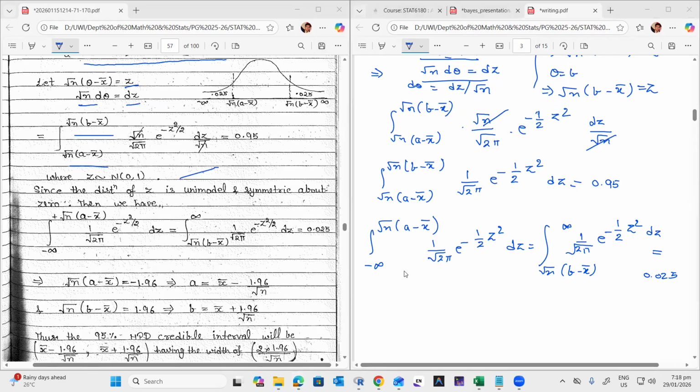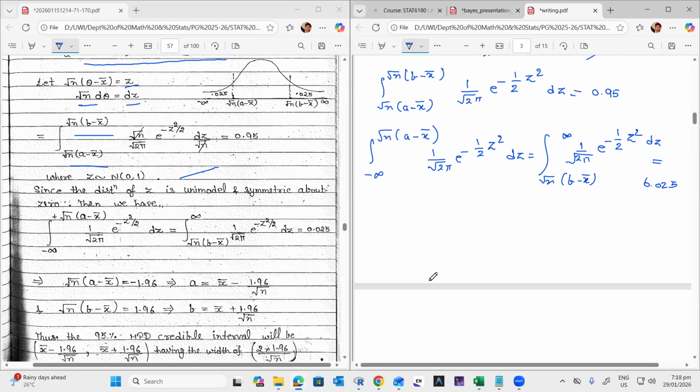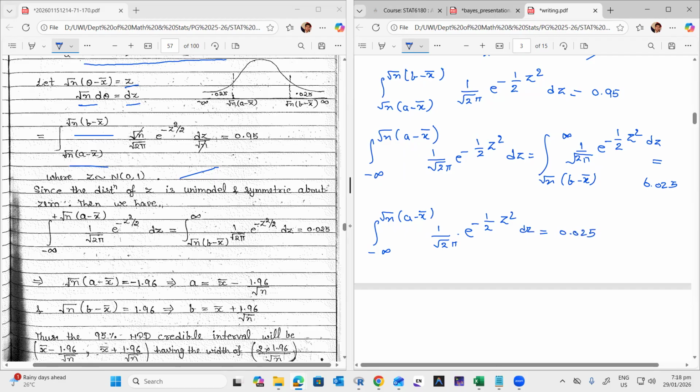Okay. So you know that the probability, if you just write it, the integral from minus infinity to root n times (a minus x bar) of 1 upon root 2 pi into e raised to minus 1 by 2 z square dz will be equal to 0.025 when the value of z in the integral here is 1.96 from the table.